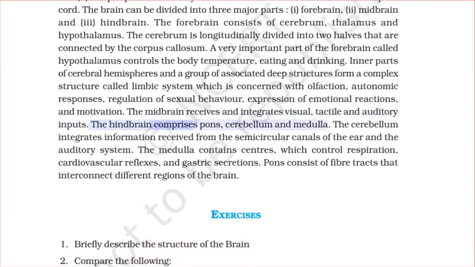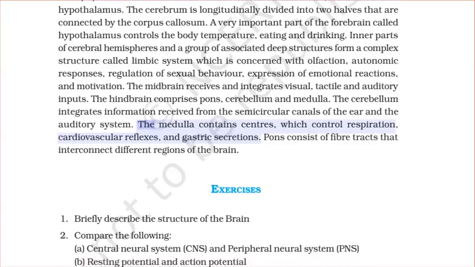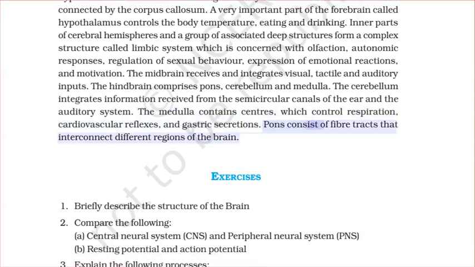The hindbrain comprises pons, cerebellum, and medulla. The cerebellum integrates information received from the semicircular canals of the ear and the auditory system. The medulla contains centers, which control respiration, cardiovascular reflexes, and gastric secretions. Pons consist of fiber tracts that interconnect different regions of the brain.